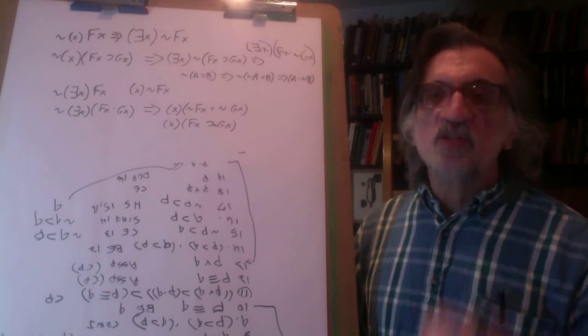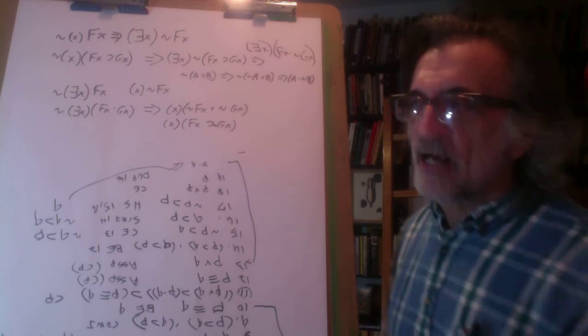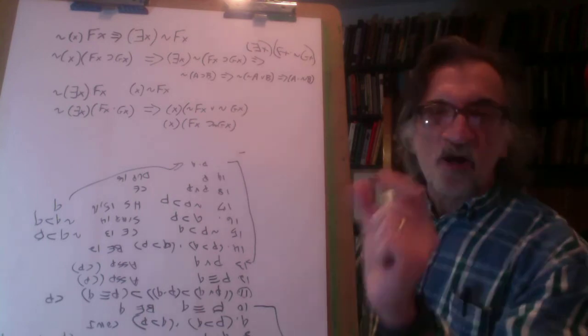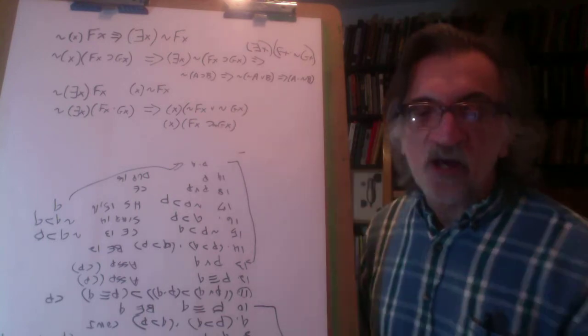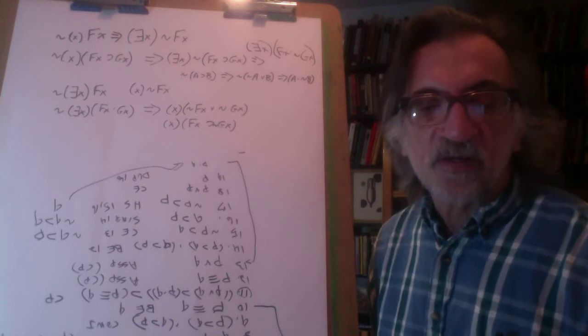Okay? The rules will not apply unless you're starting with the quantifier. So if there's a negation out front, really the first thing you want to do is get rid of it.